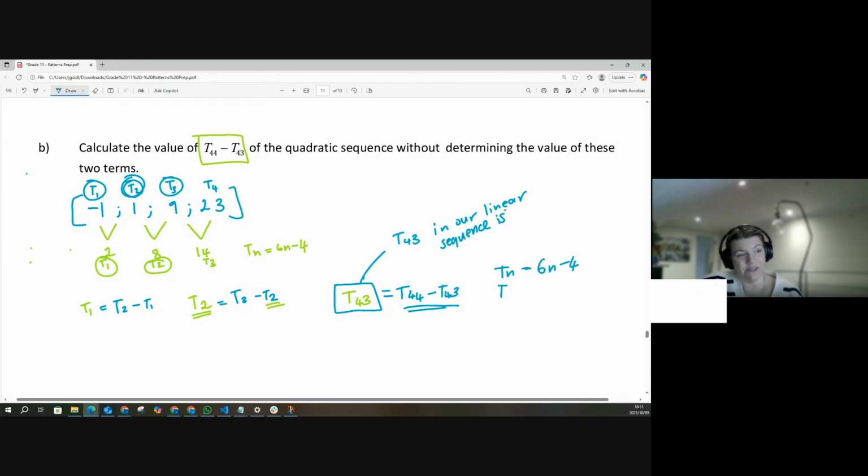So it's going to be term 43, 6 times 43 minus 4. So term 43, just did this and I've just forgotten, 254. And that is what the value of T44 minus T43 is.